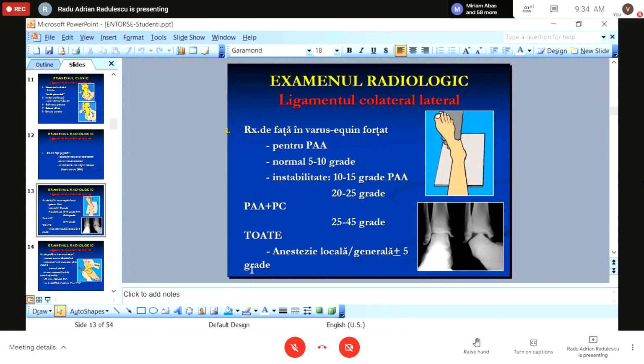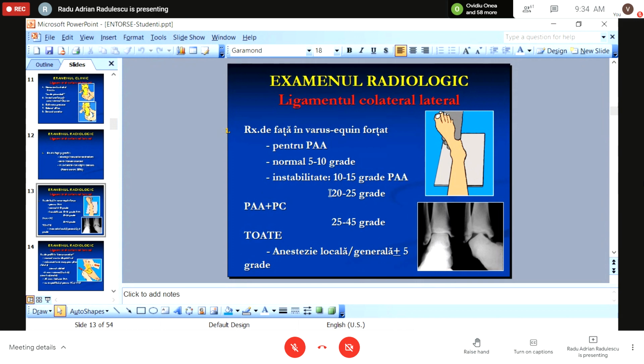And here in the slide, there is a sort of an algorithm, depending on the angle that we measure at this level, that may show us how many components of the lateral collateral ligament are involved in the sprain. And you can see here, if it's between 10 and 15 degrees, only the peroneo-astragalian anterior ligament is involved.